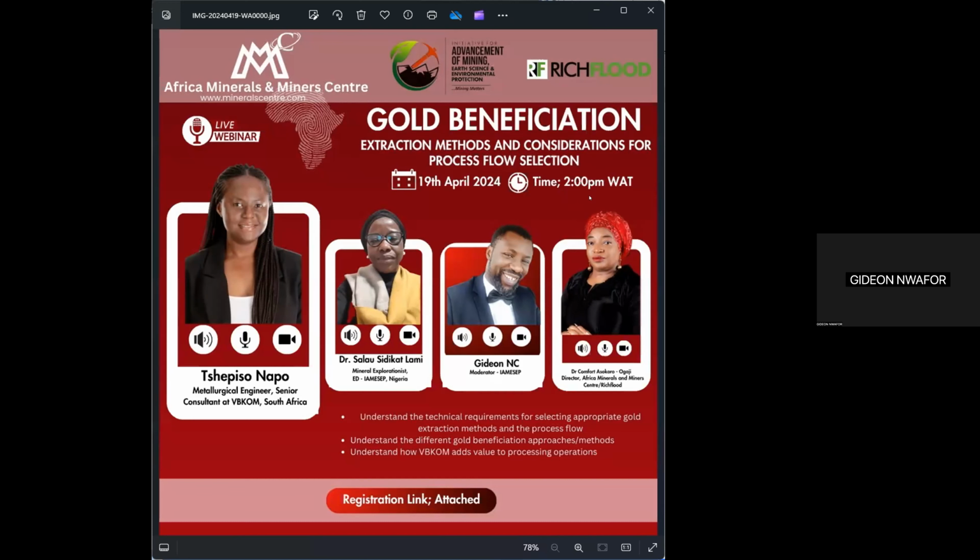In short, most of the time, the major issues start from geology. If you get your geology right, I think other things follow. But most of the time, the issue of geology is not given that priority. In short, some people import plants before they start exploration. I know one happening right now. The plant is already here in Nigeria, but exploration has not commenced. So you can understand what I mean.